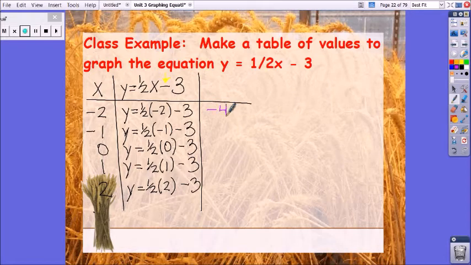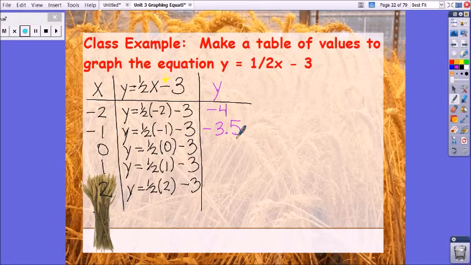So now it's time to find our output values. So for my column for y, I'm going to plug in 1/2 times -2 minus 3 in my calculator, or I can use the calculator in between my ears. It'll be -1 minus 3, which is -4. I'm going to do the same for each term. -3.5.